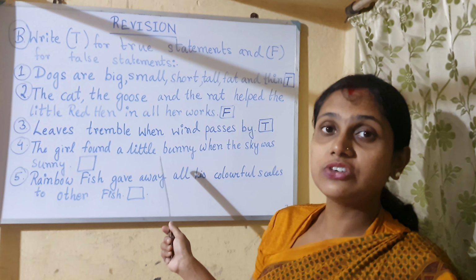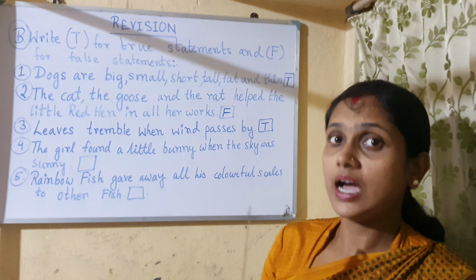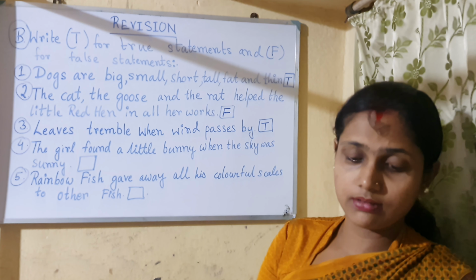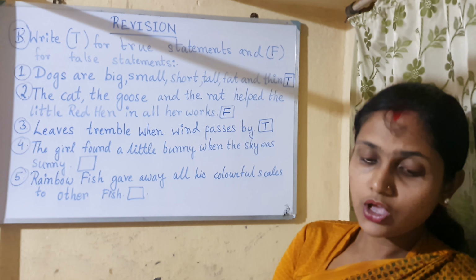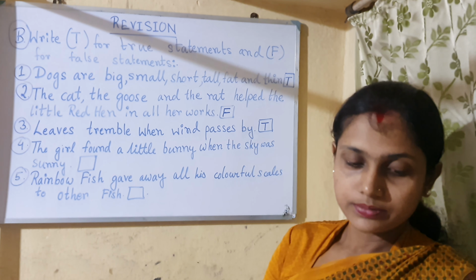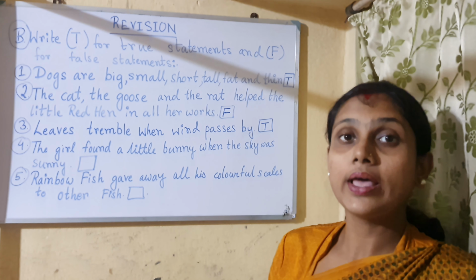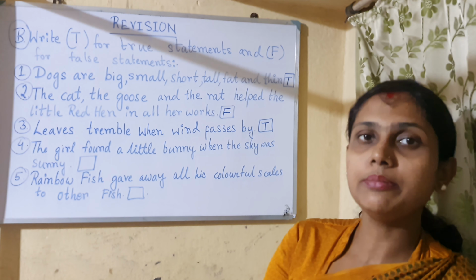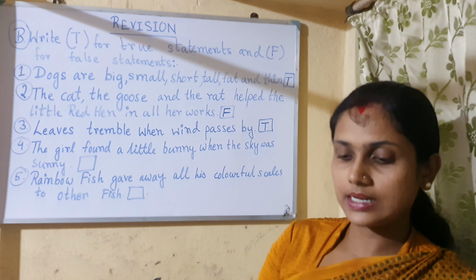If you see that chapter, you can understand that the little girl was reading a funny book. I am telling you the line: I was reading something funny, then I saw a little bunny. So when the little girl was reading something funny, that time she saw the little bunny.